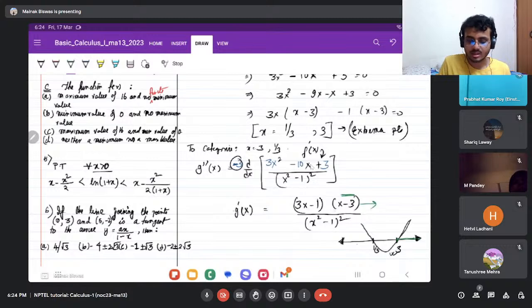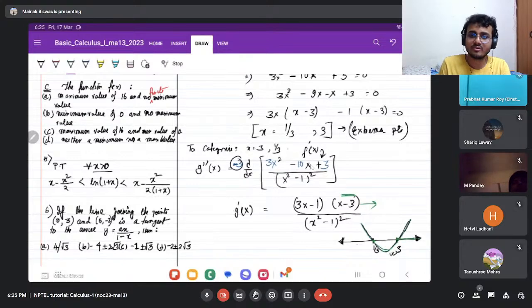Because in 3x minus 1, the numerator, both the numbers are positive. We had seen, right? 3 is a root, 1 by 3 is a root. Whenever we are going through a root, the function changes sign, right? So at 3, g prime of x changes sign.